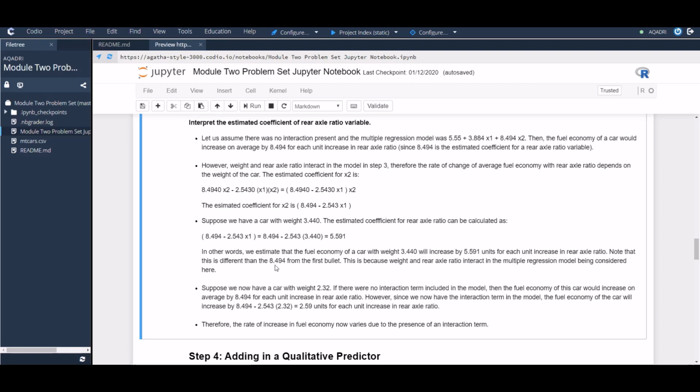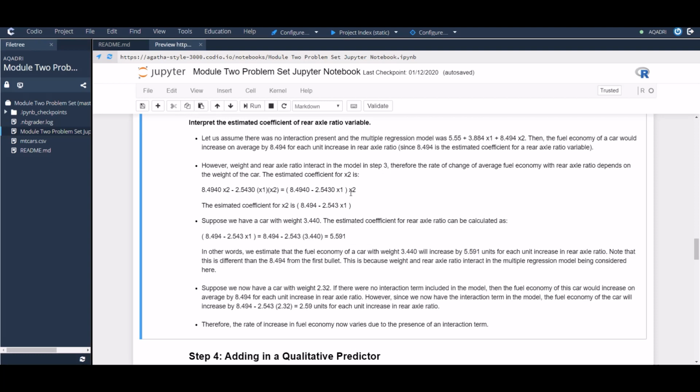Now, clearly this is different from 8.494 in the first bullet, where we assumed that there is no interaction. Because there is an interaction now, the estimated coefficient is different and therefore the interpretation is different. Here's another example. Now we have a car with weight 2.32.